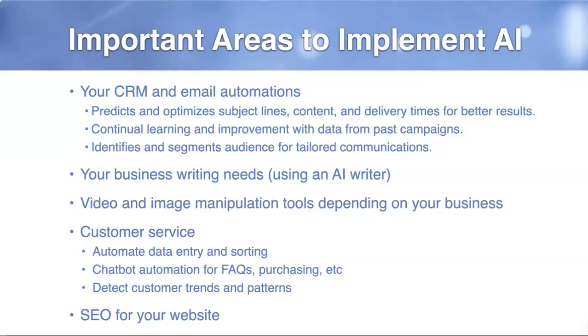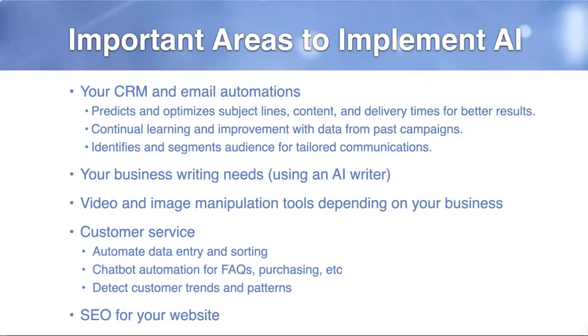You're going to be able to let the AI predict and optimize your subject lines, write content for you, and tell you what the best delivery times are. The AI is going to continue learning and improving from the data from past campaigns, so each campaign isn't an island.